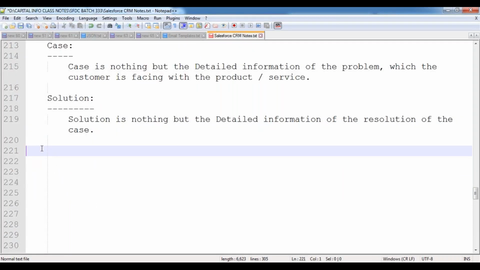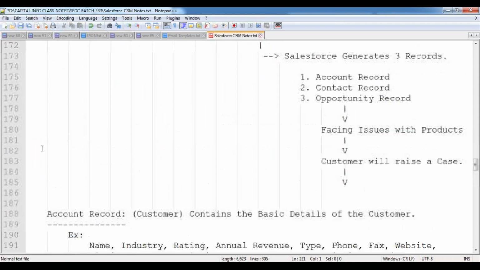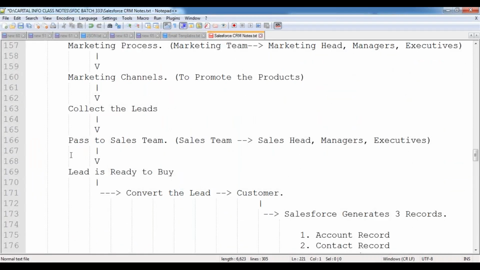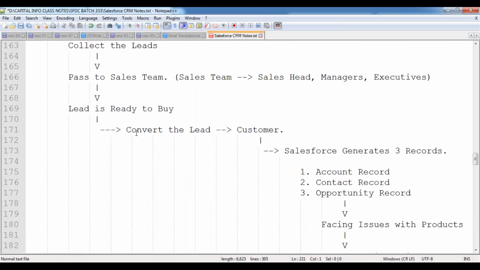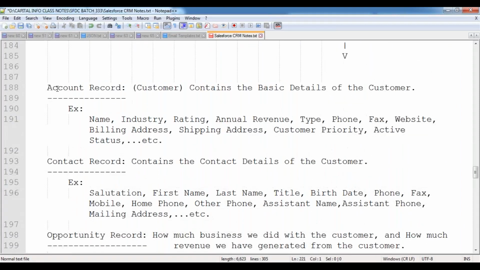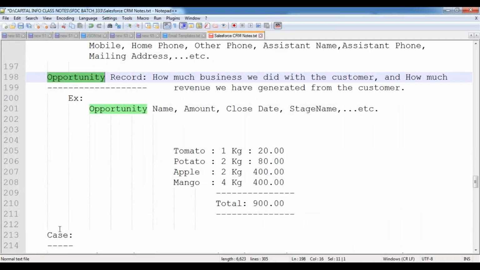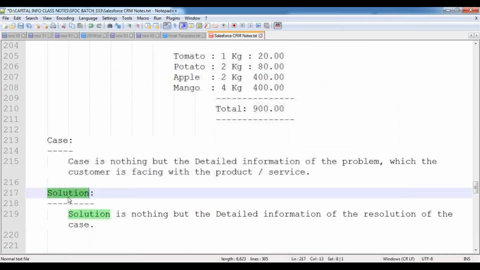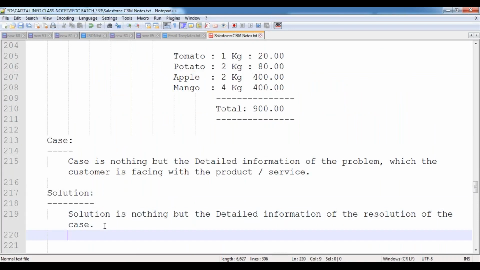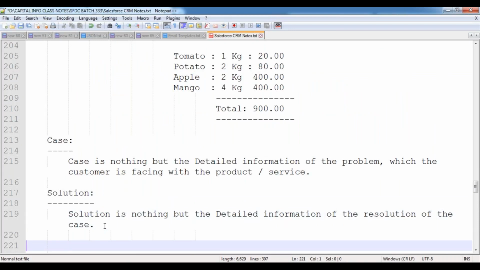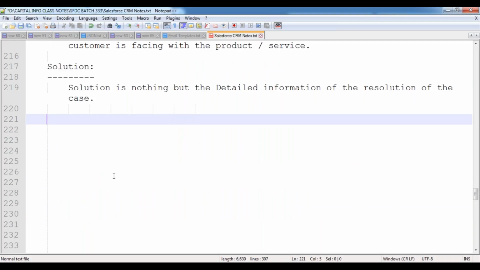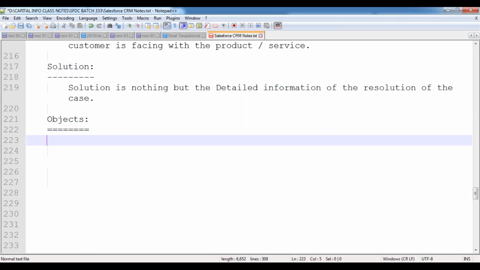We have used various terms like campaign, lead, account, contact, opportunity, case, solutions. These are all the terminology we have discussed as part of the CRM lifecycle, and these are all called objects.